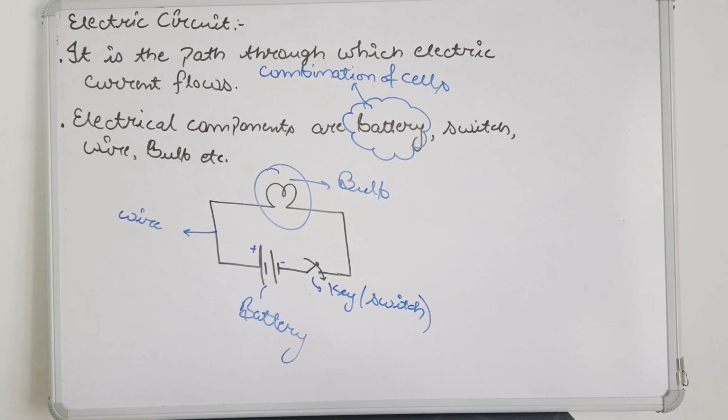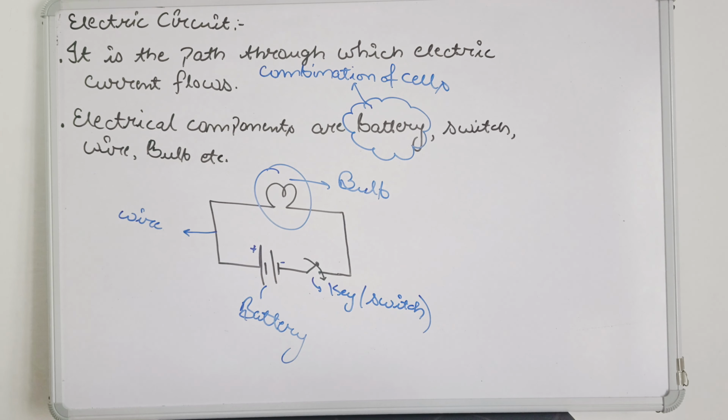What is current? You will study in the next lecture that current is the flow of charge. That means charges are flowing over here. What type of charges? These charges are electrons. Now there must be something that is moving these charges, that is helping these charges to move. That thing is the battery.